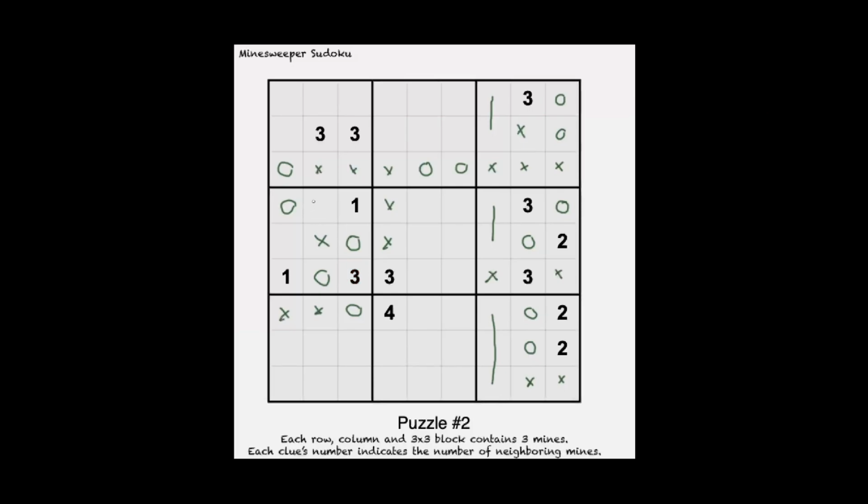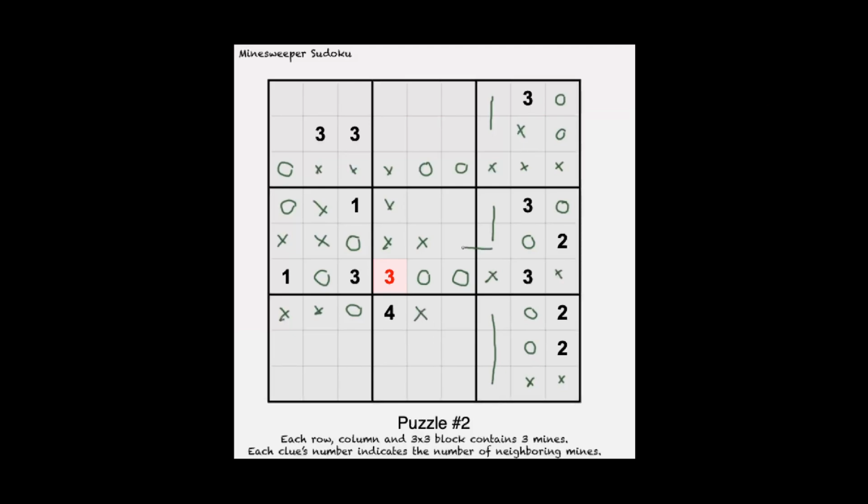That completes this block. This row here only has 2 mines left and 2 unknown cells, so we'll go ahead and place those. That completes this 3. So we can clear its other neighbors.